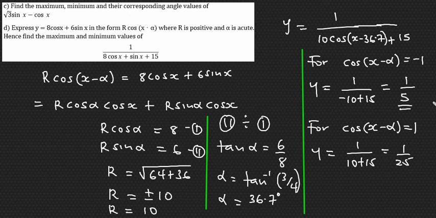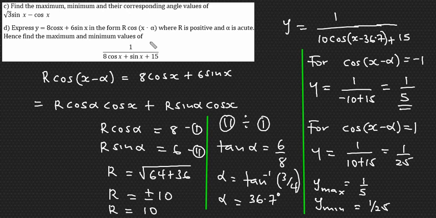The maximum is 1 over 5, and the minimum is 1 over 25 for this question here. So that's how we do this number.